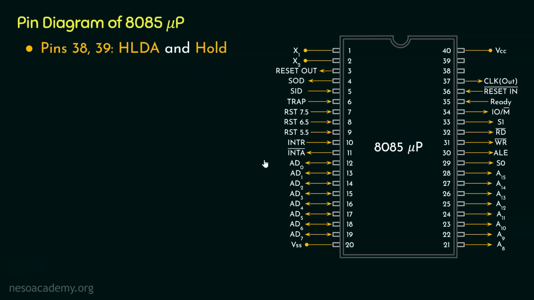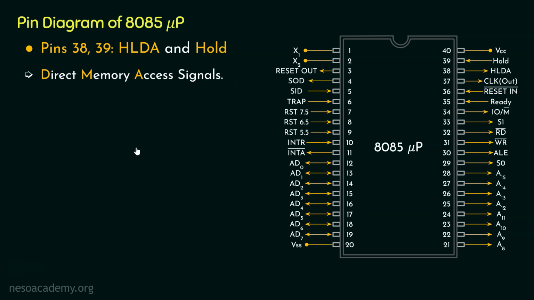Let's now learn about the next two pins, pins 38 and 39. Now pin number 38, that is HLDA, stands for hold acknowledgement, and pin number 39, that is the input pin, it is hold. Now these two pins are called direct memory access signals or DMA signals.